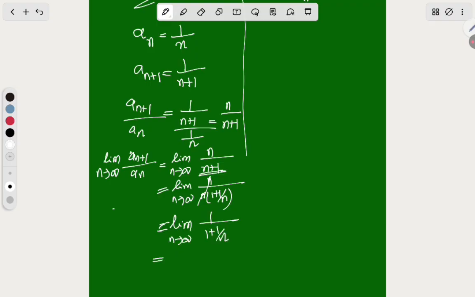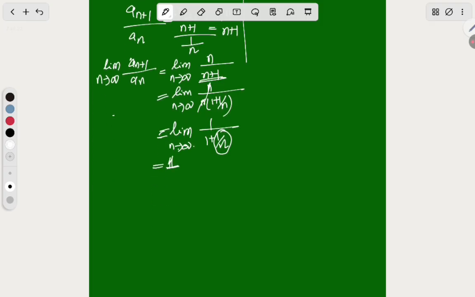When n tends to infinity, this term goes to 0, so 1 by 1, the limit value equals 1. Since limit n tends to infinity a_{n+1} by a_n equals 1, the limit exists, which means the limit supremum as well as the limit infimum are the same.